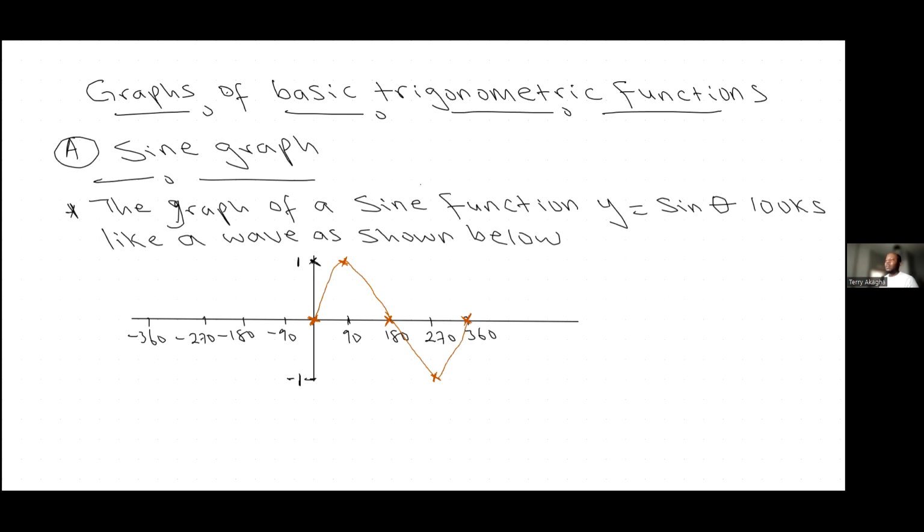The same thing, we keep on going with the wave. -90 is going to be -1, -180 is going to be 0, -270 is going to be 1, and -360 is going to be 0. So you go again, and you will see that we have a sigmoidal graph as well.